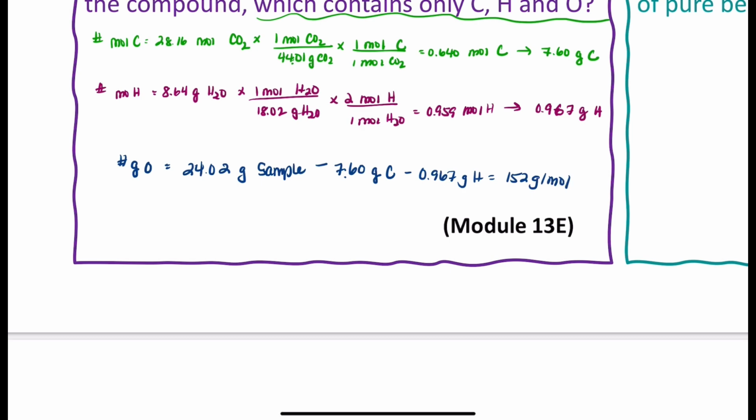Sorry, I really do apologize, you guys. I'm just incredibly tired. This gives me 15.37 grams of oxygen, which is the same as, if I convert it over, 0.961 moles of oxygen.